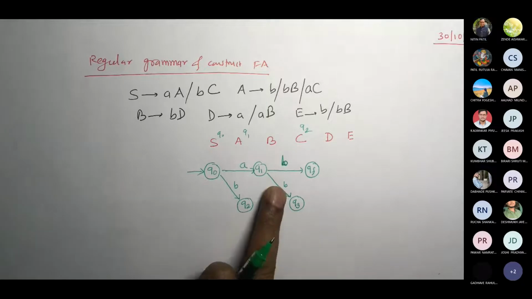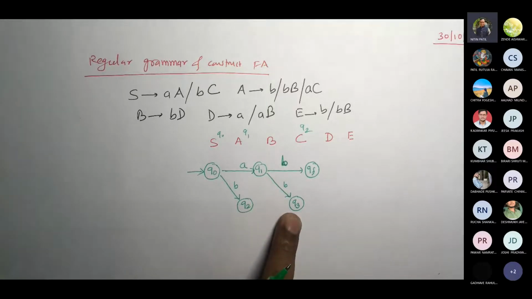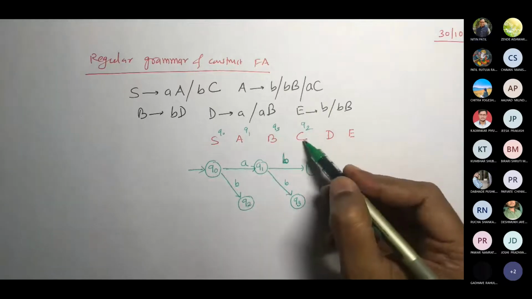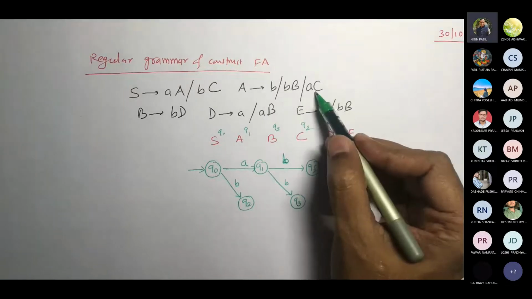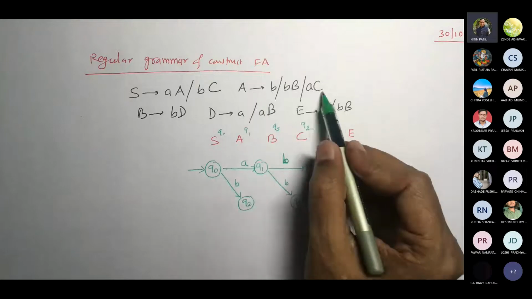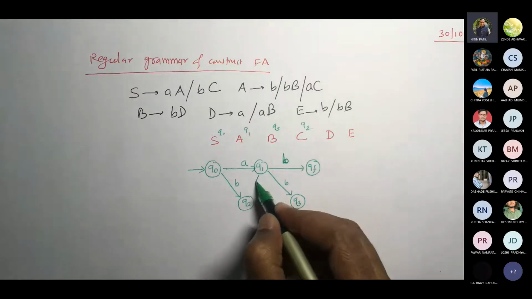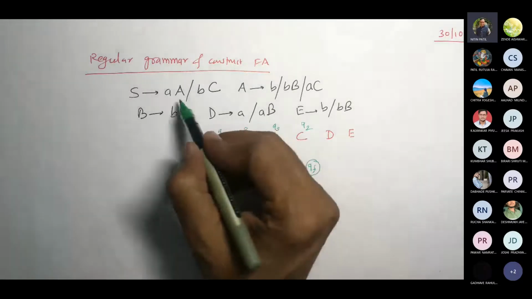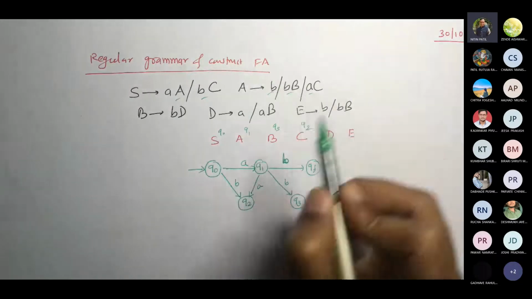Fine. B, B. Now we have already taken Q2 for C. So from A it is this, so I will add it like this. Okay, I have considered this one and this one. I am done with all of this.